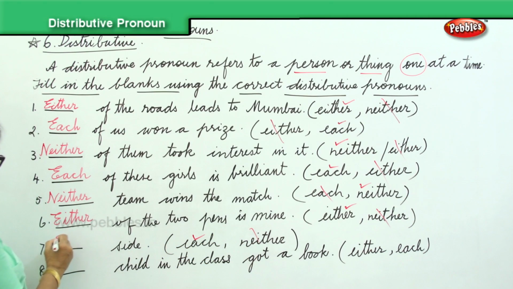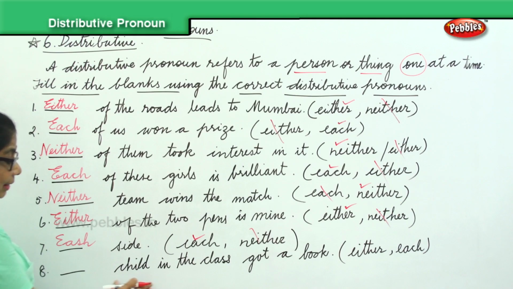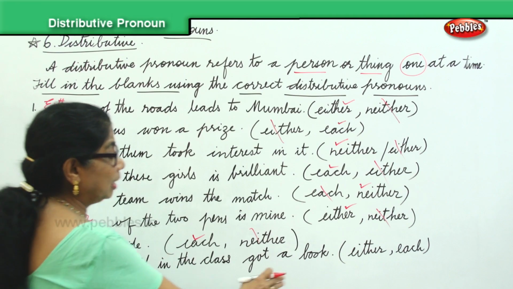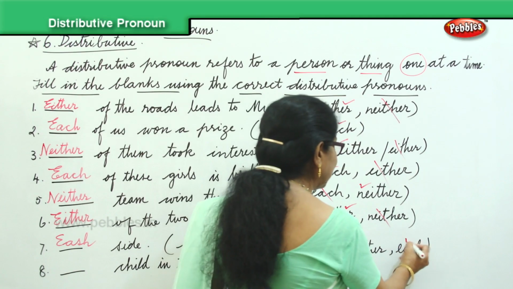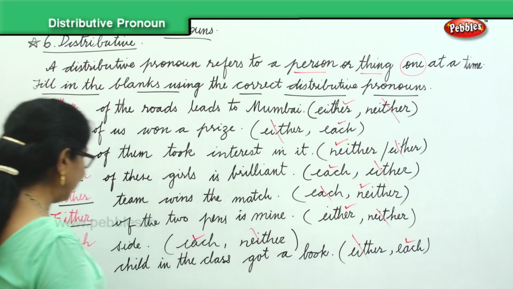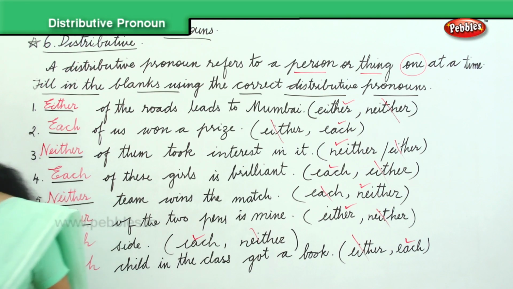Each side. And finally we have dash child in the class got a book. Remember, individual. So each child in the class got a book.